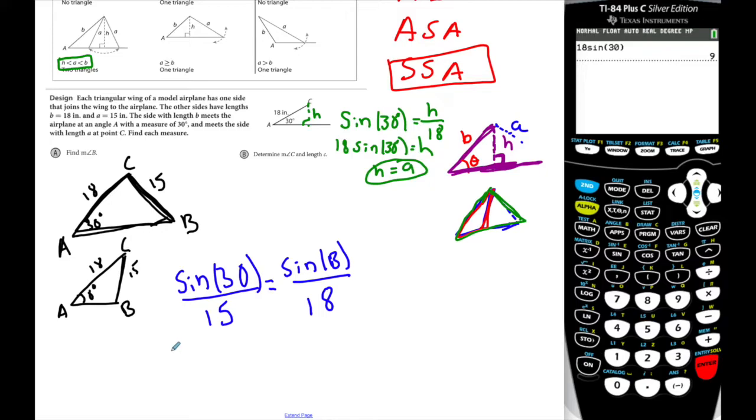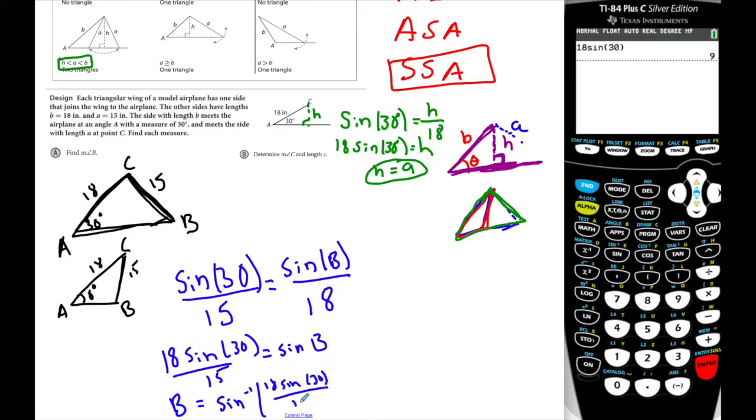To get B alone, I'm going to multiply by 18. So I get 18 sine of 30 over 15 equals sine of B. Then to get the answer for B, I'm going to do the inverse sine of 18 sine of 30 over 15.